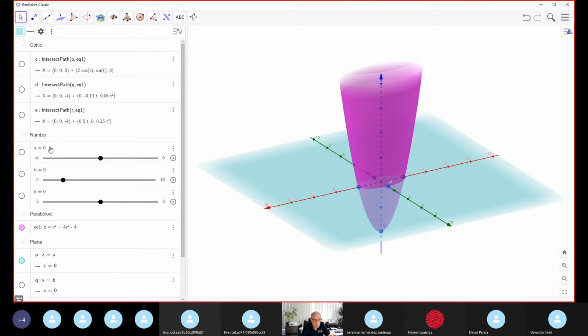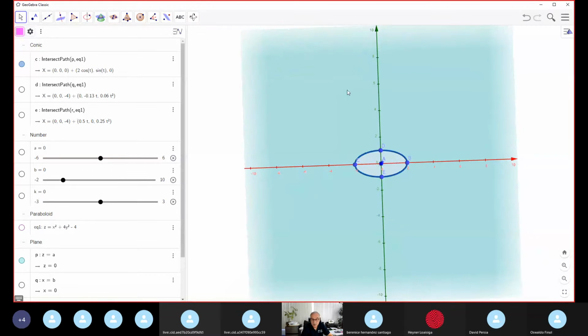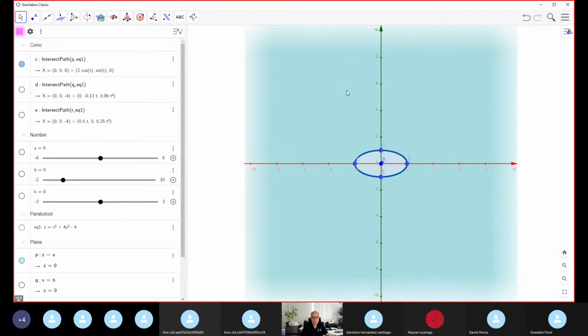Let's suppose 0. Okay, c equals 0 gives this curve. Bam. And now to see it more clearly, you delete the paraboloid, and you see. Look here. It's an ellipse. The major axis is 2, and the minor axis is 1. Exactly as we predicted.